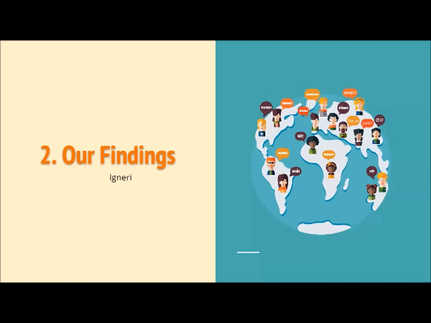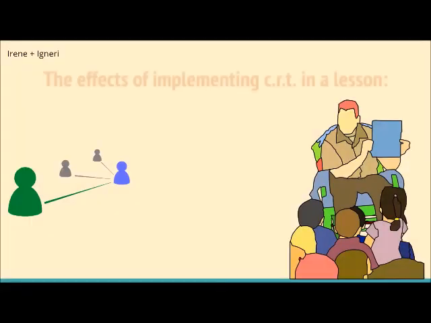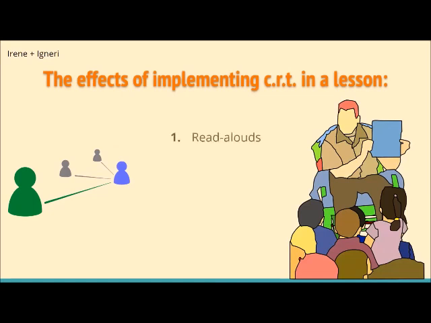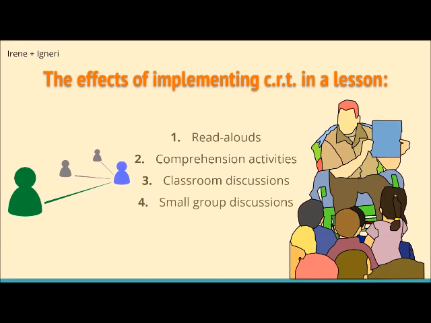And these were some of our findings. So the effects of implementing culturally relevant text in a lesson affects read alouds, comprehension activities, classroom discussions, as well as small group discussions.